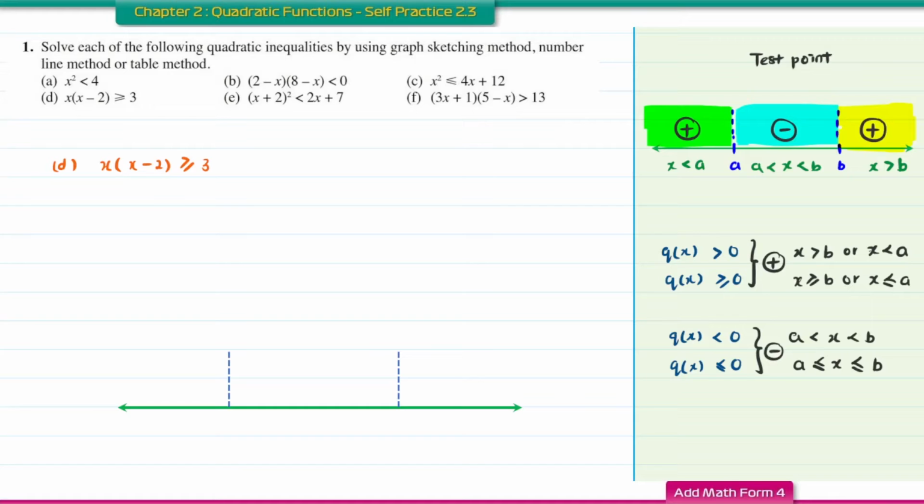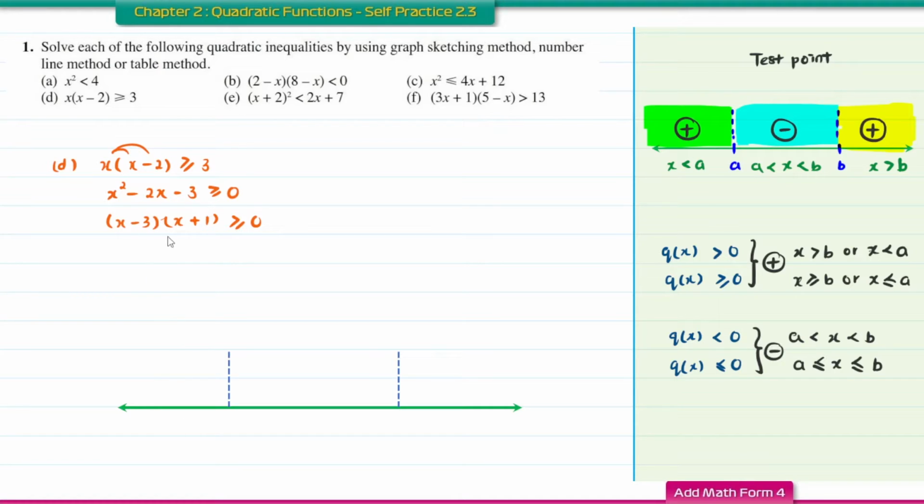Question D. So first, I'm going to expand for this part and move everything to the left. So I'm going to have x squared minus 2x minus 3 greater than or equal to 0. Then factorize for this part, you're going to have x minus 3, x plus 1 greater than or equal to 0.